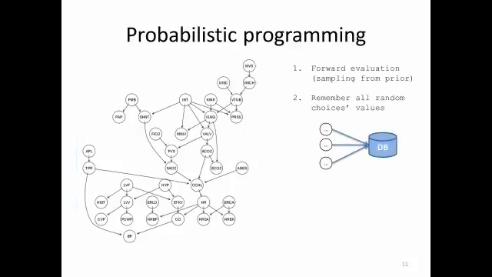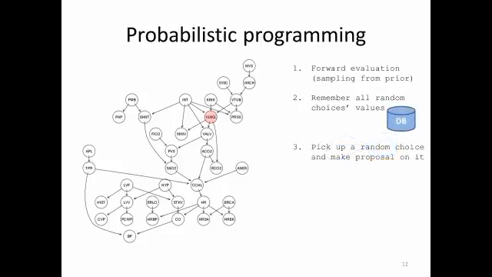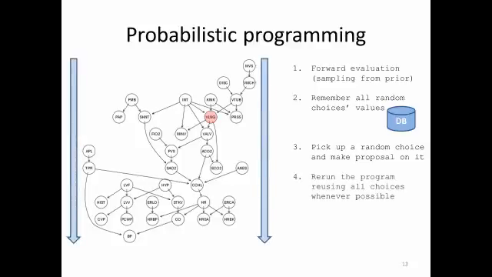Then you remember all random choices in your random DB. And then you select, for example, uniformly randomly or using another scheme, some random choice. You make a local perturbation on it, using some local kernel. And then you rerun the whole program, reusing all random choices whenever possible, getting them from your random DB.